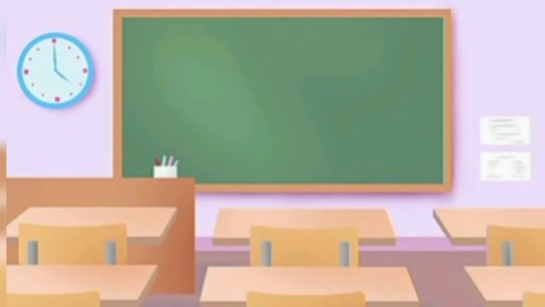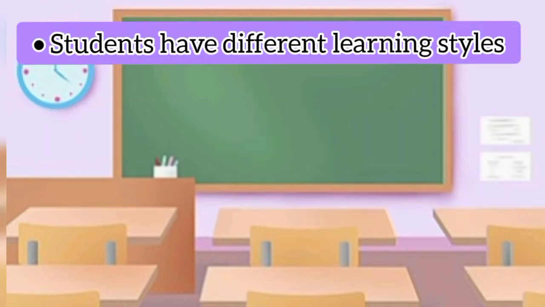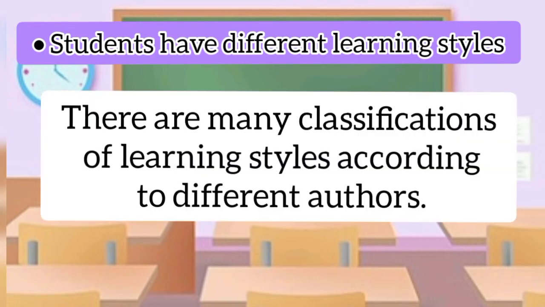Teachers have to take into consideration that the different strategies should match the learning styles of the students. Students have different learning styles. There are many classifications of learning styles according to different authors.